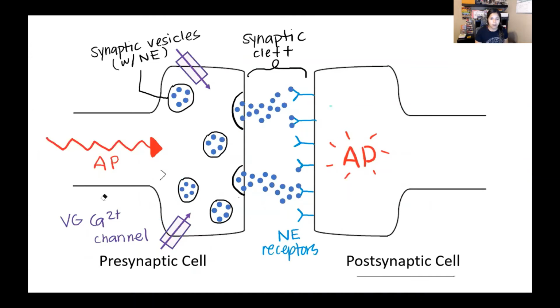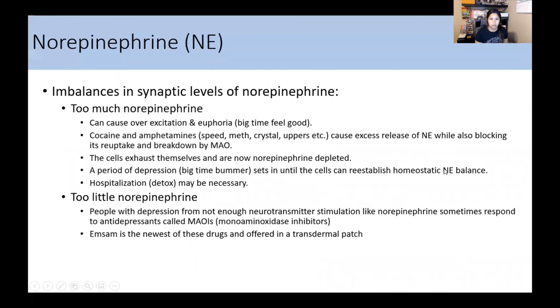Now, in the case of norepinephrine, you can have too much or too little. In the case of having too little norepinephrine, and we'll talk about this portion down here first, this is the case for a lot of people with clinical depression. Now, this is not like situational depression, like your dog died or something sad happened to you. This is clinical depression.